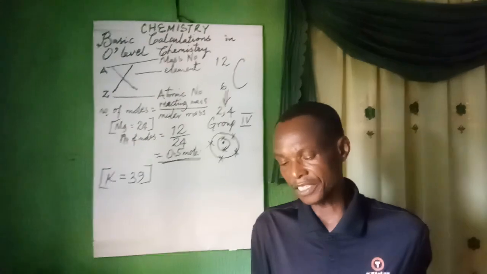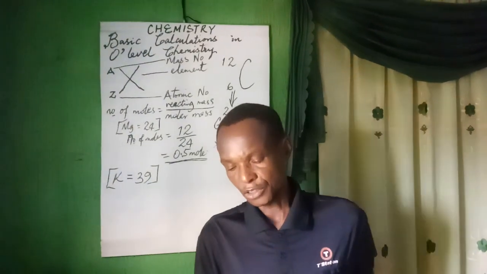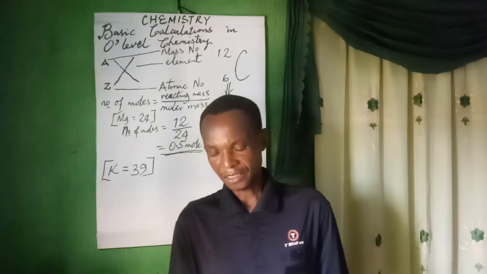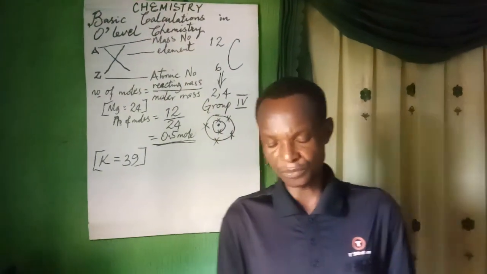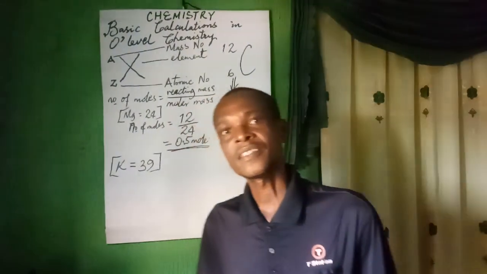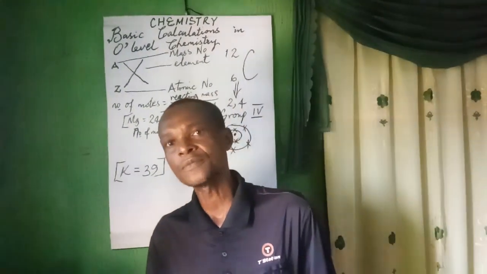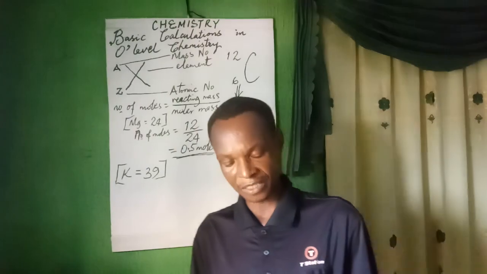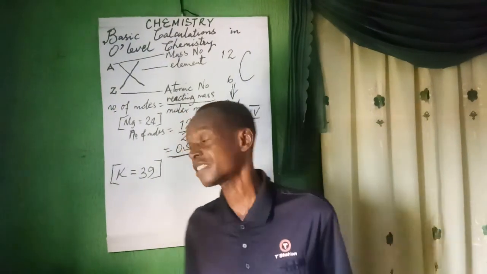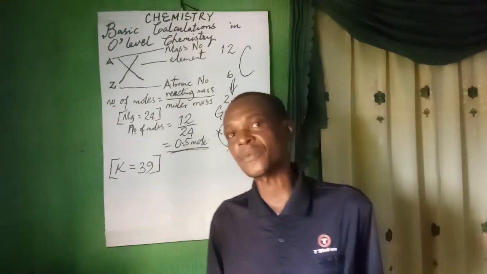Taking that question again, the question wants you to calculate the mass of potassium in 2 moles of the element. I've already said here that potassium has a relative atomic mass of 39, which I've written in block brackets.